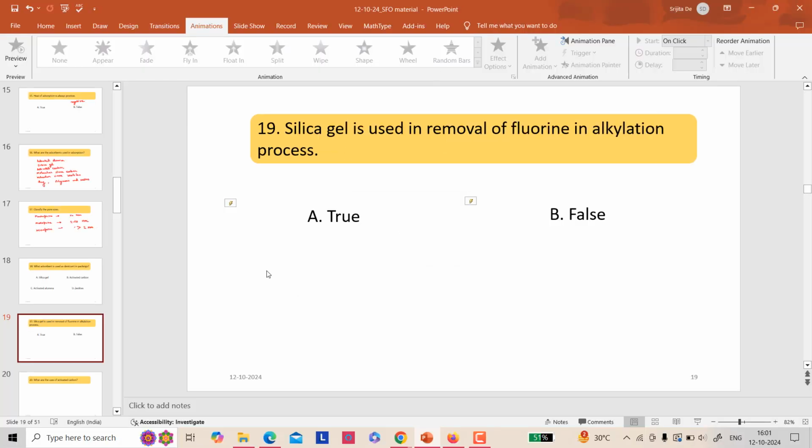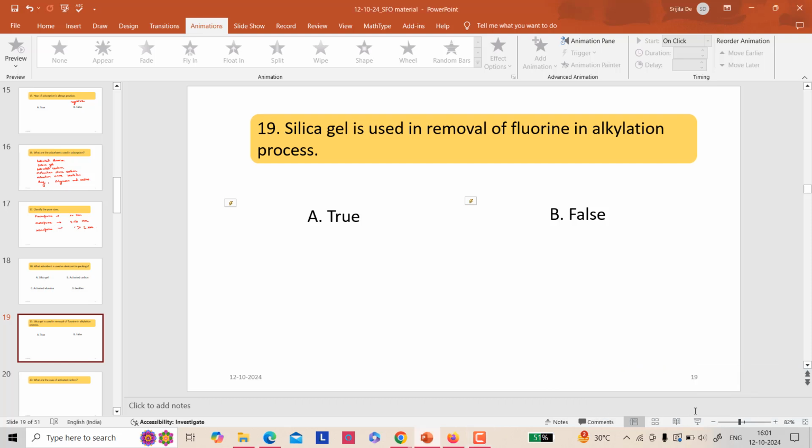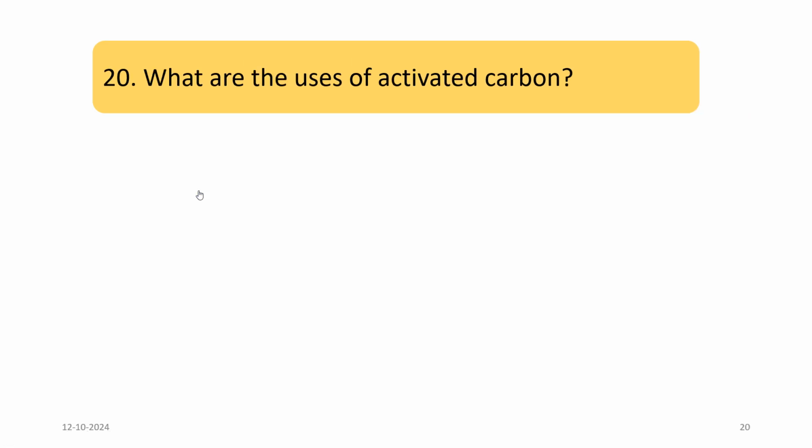Next, what are the uses of activated carbons? So, activated carbons are used in multiple cases. It is used in water purification. Removes nitrogen from air.